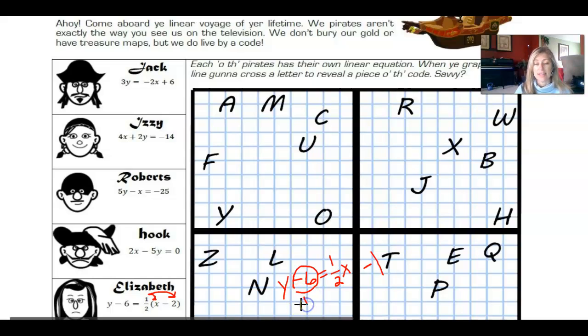So I'm going to have to add that 6 here, and the only place I can add on the right side is to the like terms, so I can add it to the negative 1. And I'm left with, for Elizabeth, y equals 1/2 x plus 5. And that's the equation for Elizabeth.